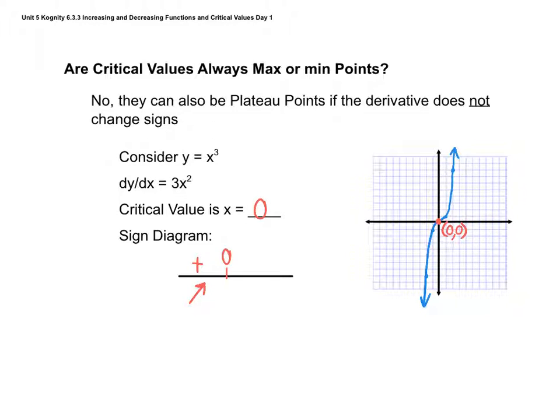If I plug in positive 1, I still get positive 3. So it's still increasing. When you have no change in sign, that means there was no change in direction. Okay? So that means it levels off for a moment, but then continues on.